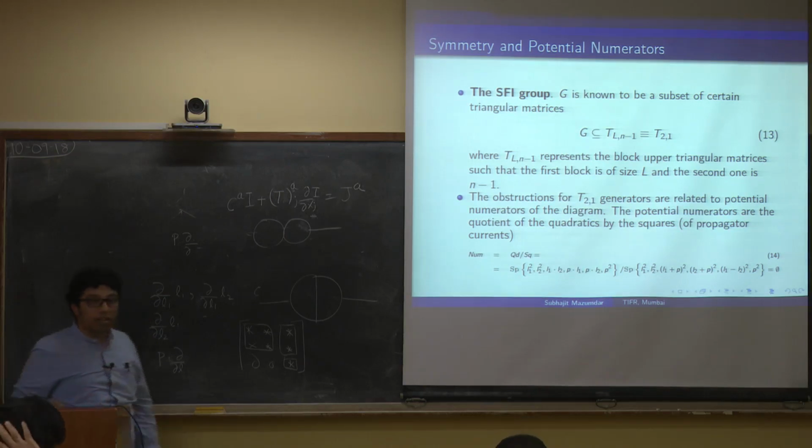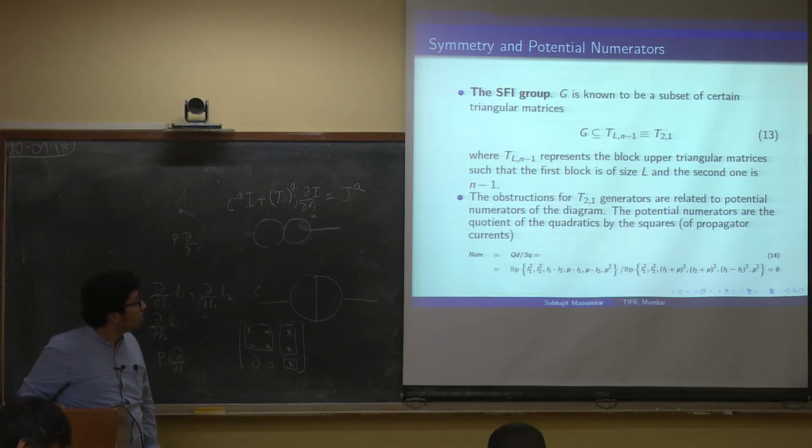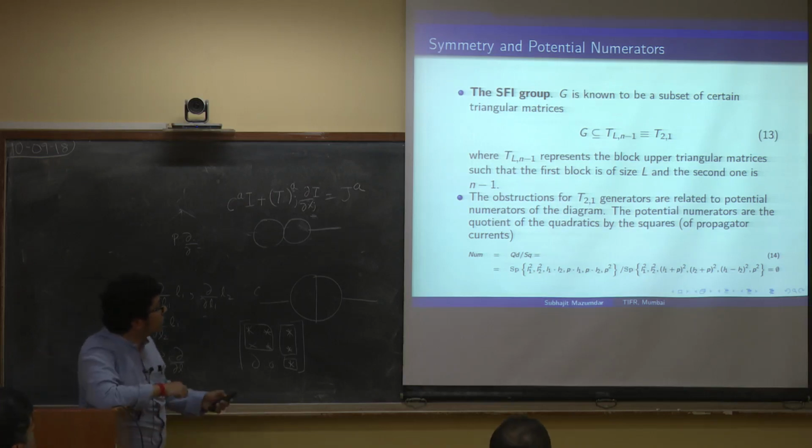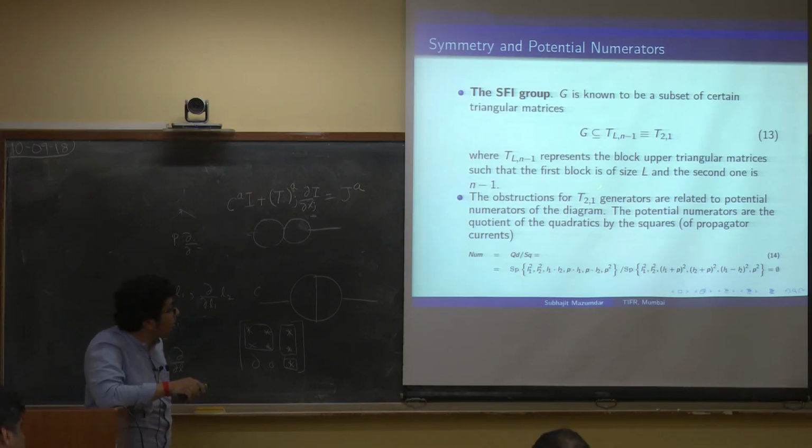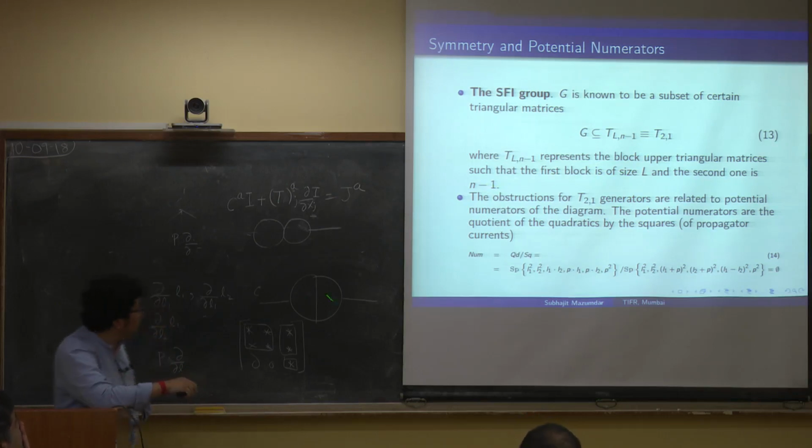Sorry Subhajit, can you just repeat what is this PL and minus 1? So you have an L cross L block. Yes. So the first block is of size L and the second one is n minus 1. So here for this case it is like this. But the thing that you have drawn is not completely upper triangular.